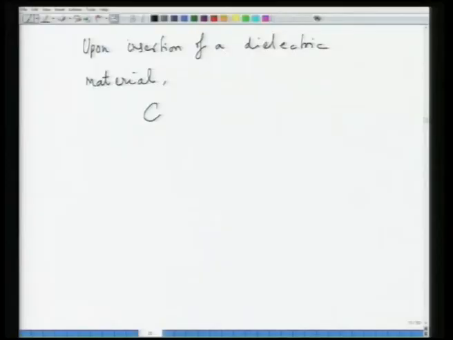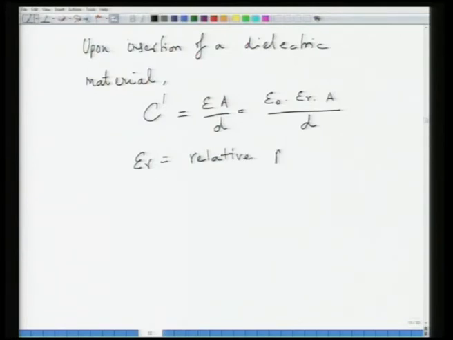So, the modified capacitance, let us say C prime, is equal to epsilon A over D, which is defined as epsilon naught epsilon R A over D. So, epsilon naught, A and D are same quantities, epsilon R is called relative permittivity, and this has to be greater than 1 always, otherwise the material is not a dielectric.